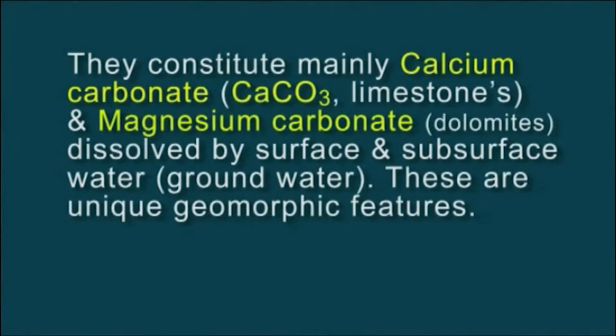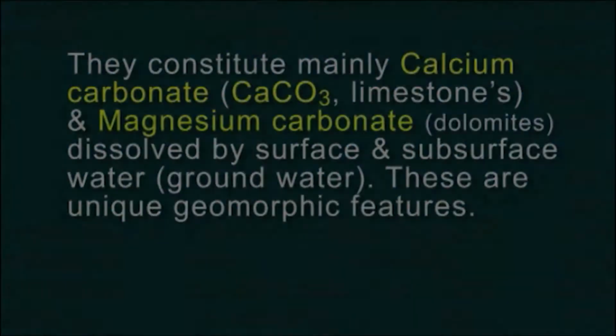They constitute mainly calcium carbonate, that is CaCO3, which is nothing but limestones, and magnesium carbonate, that is dolomites, dissolved by surface and subsurface water, that is nothing but the groundwater. These are the unique geomorphic features.